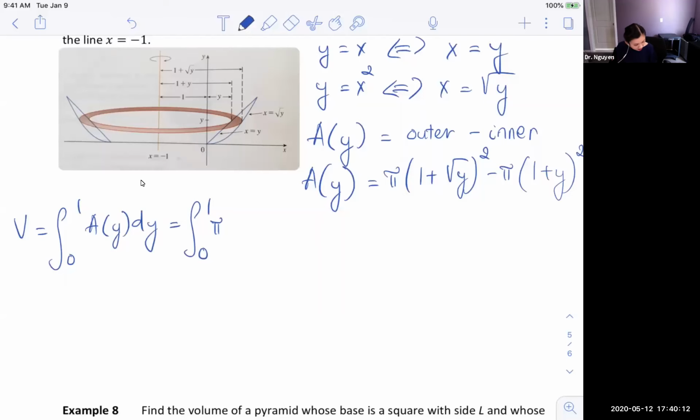Anyway, once again, we have the FOIL, do all that fun stuff. So we ended up with 2 square root of y minus 2 square root of y minus y squared dy. Don't forget I already FOILed and simplified everything.